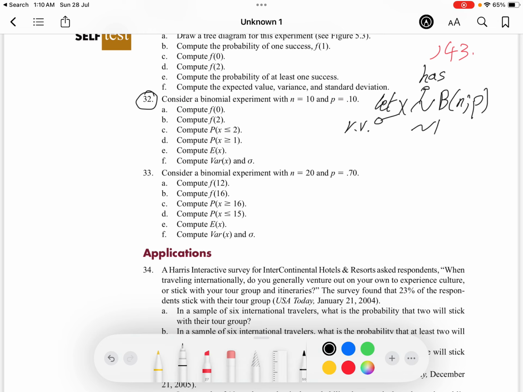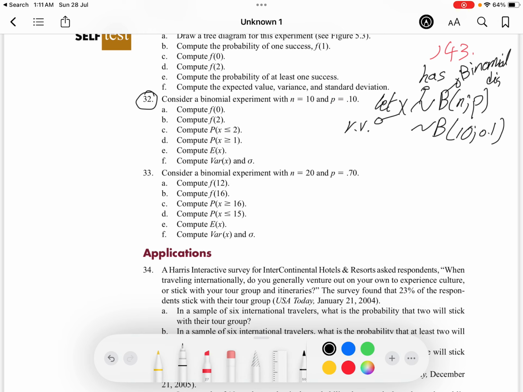Then x has a binomial 10 and 0.1. B is for binomial, the first letter of the distribution. N is the sample size, b is the probability of success.